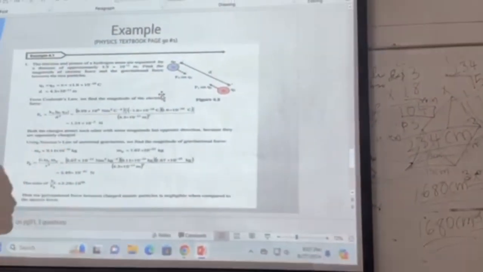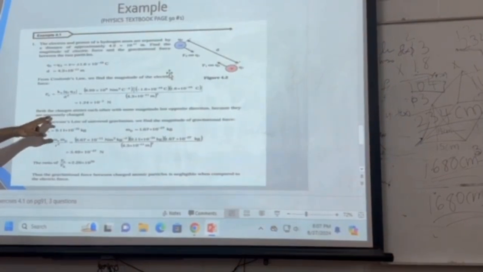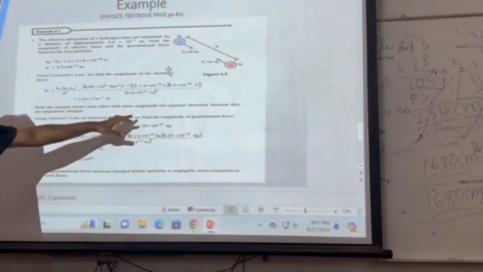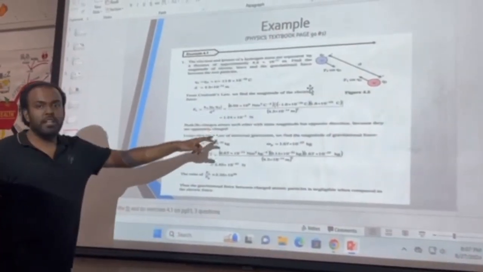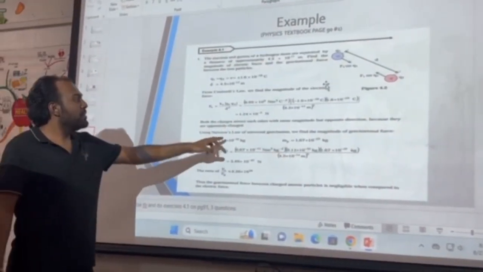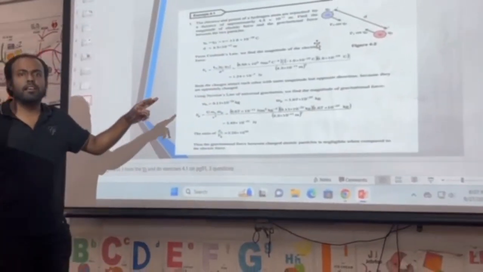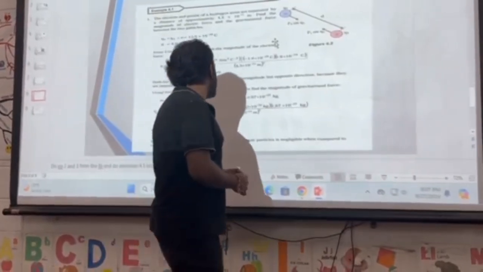the gravitational force. Both the charges attract each other with the same magnitude but opposite direction because they are oppositely charged. Using Newton's law of universal gravitation, that was in chapter 1 I think, we find the magnitude of the gravitational force.